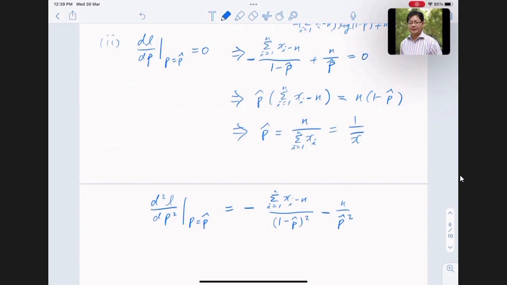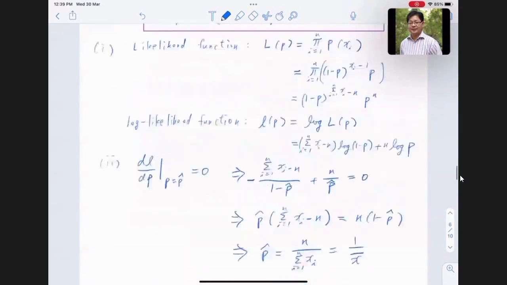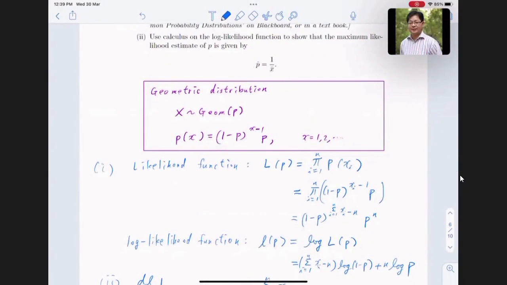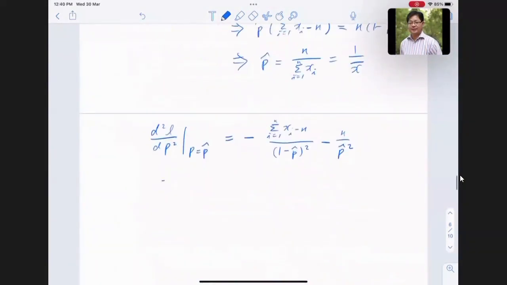And it usually will be based on the domain of the distribution. From the distribution, there will always be a range of possible values for the data. And for the geometric distribution, it starts from 1. So that means every one of these x must be greater than or equal to 1. So we know that for the geometric distribution, x_i must be greater than or equal to 1 for all i.